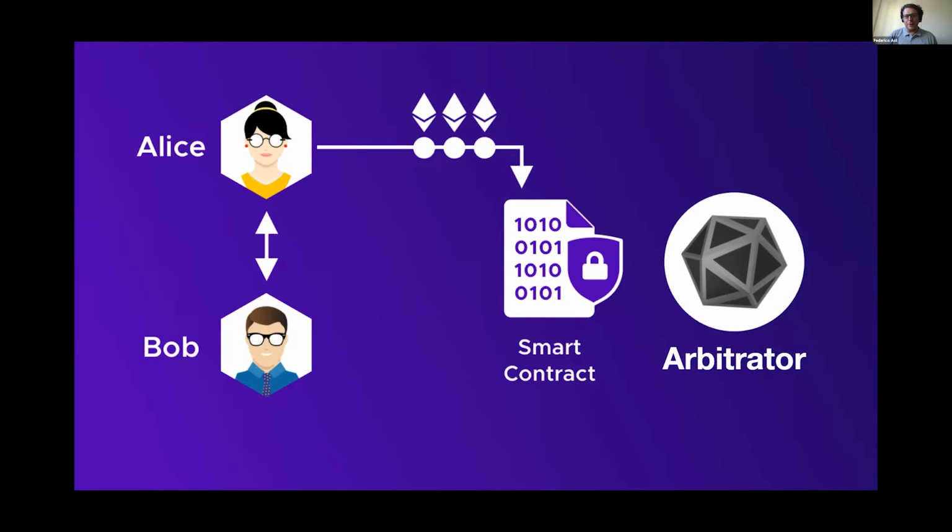And they both agree that if there's a dispute, the arbitrator is Kleros. So if everything goes right and the guy does a good job, she's happy, she releases the funds. But if she's not happy with his work, she can press a button and send this to arbitration.